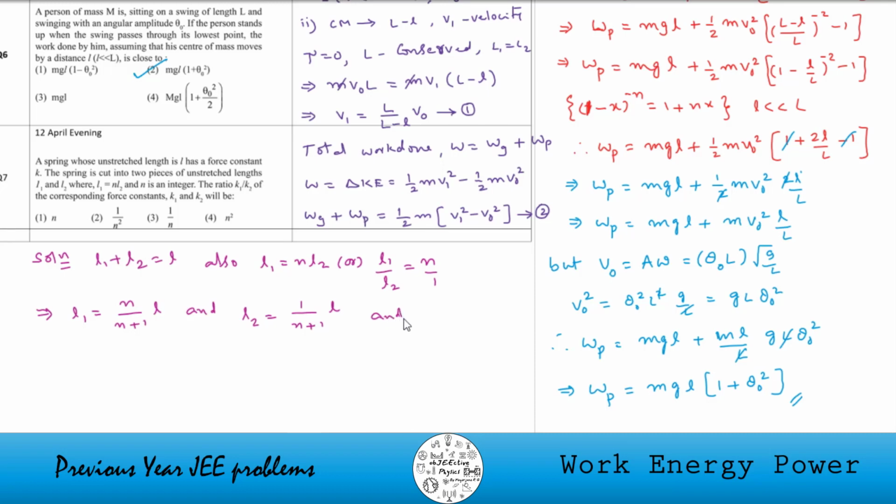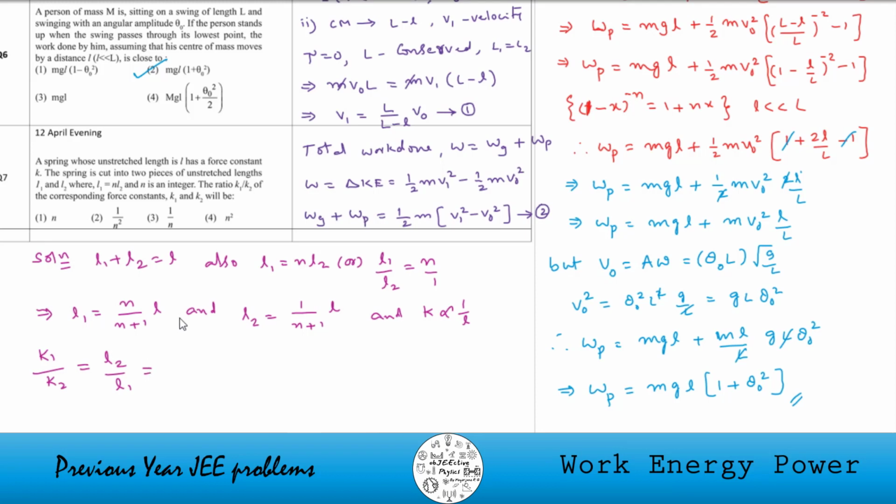And we know that the spring constant K is inversely proportional to its length. So we can write K1 divided by K2 is equal to L2 divided by L1.